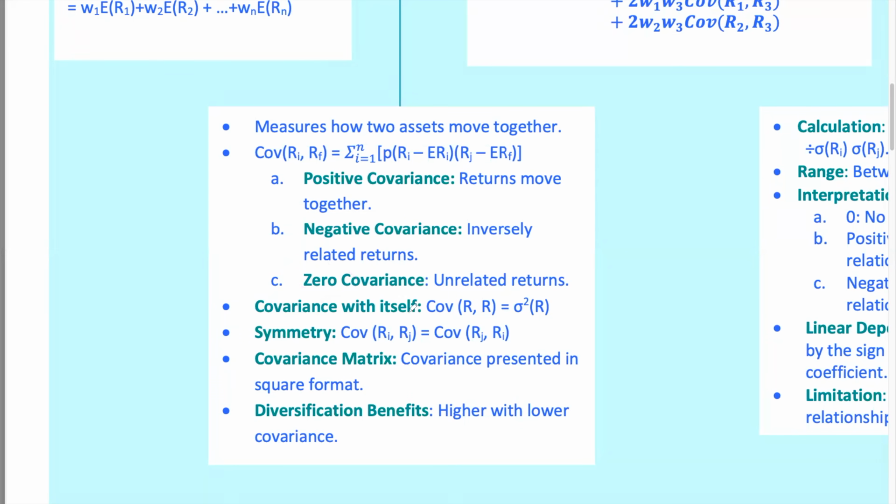Now, there are some properties of covariance. The covariance of a random variable with itself is its own variance. Covariance is symmetric, meaning the covariance between two variables, say Ri and Rj, is the same as the covariance between Rj and Ri. This is how we will write it mathematically.